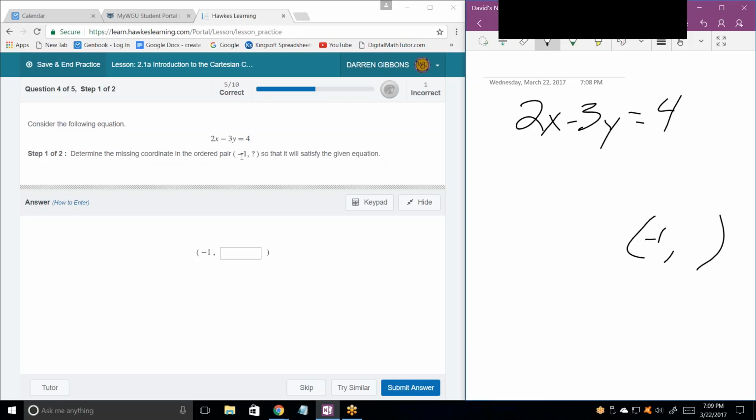They have given us the x coordinate, and they want to know what the y coordinate should be. So basically we're going to have to solve this equation for y. There's a couple of ways to approach this. One is to substitute the value they gave us for x, minus 1. That's probably the best way to start this problem.